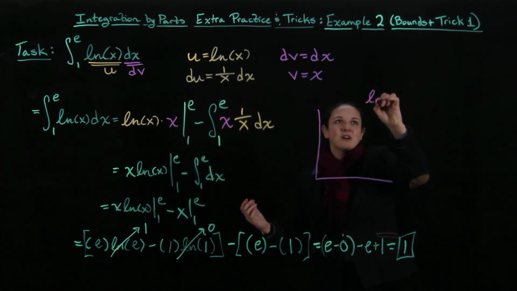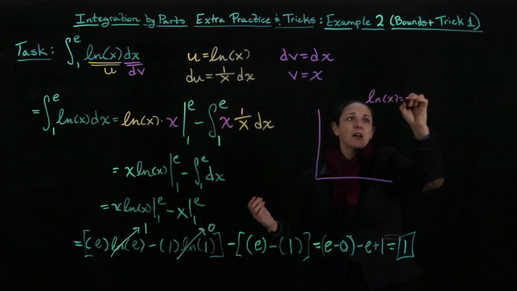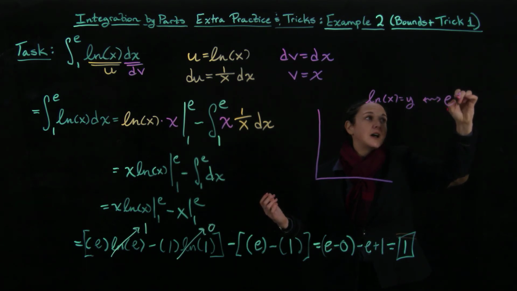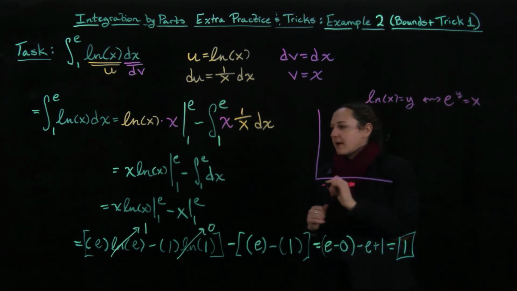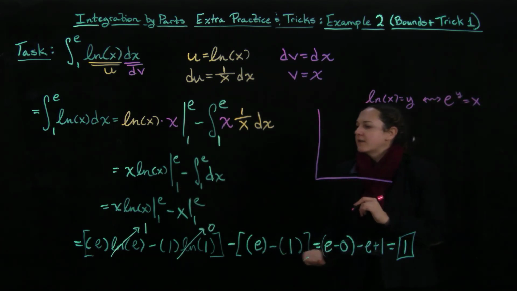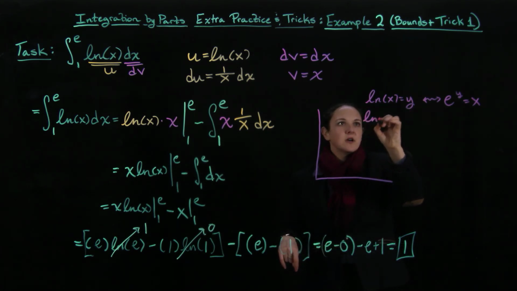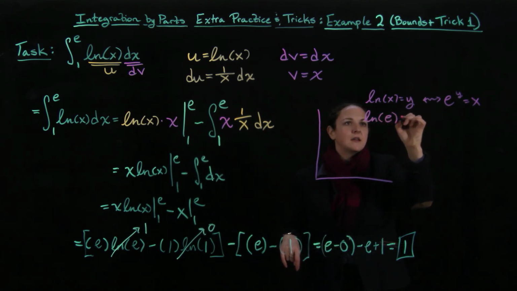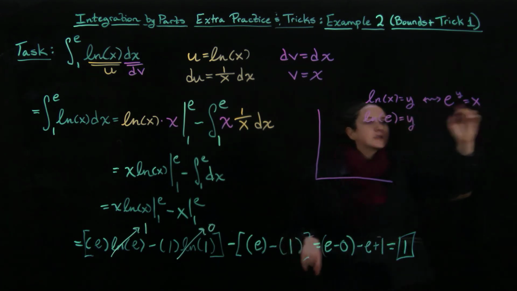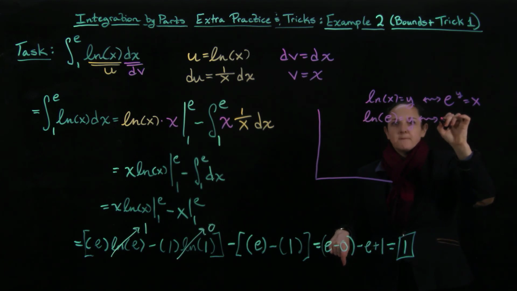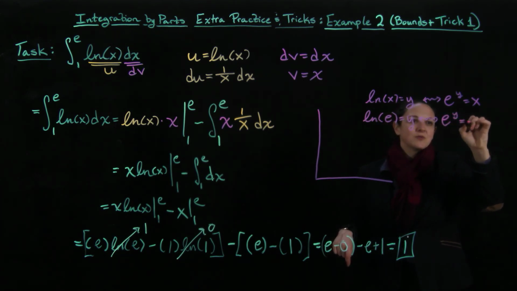That the natural log of x equals y is the same thing as having that e to the y equals x. Okay? So if I was trying to figure out the natural log of e, I'd say, okay, the natural log of e equals y, and that's the same thing as having that e to the y equals e.